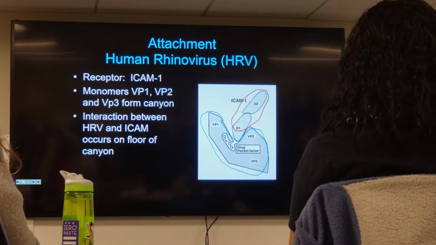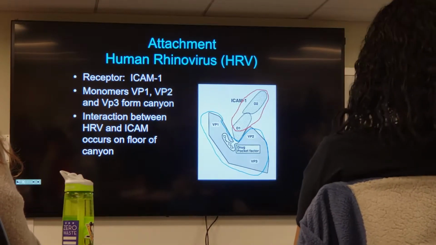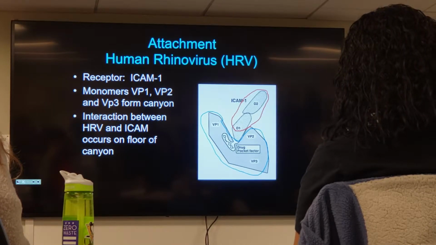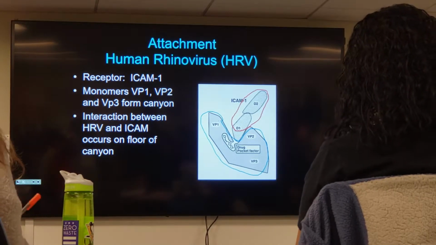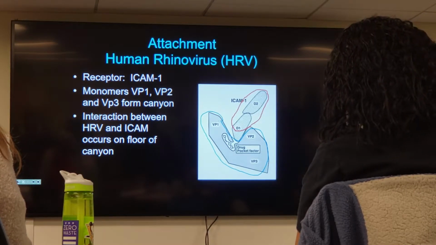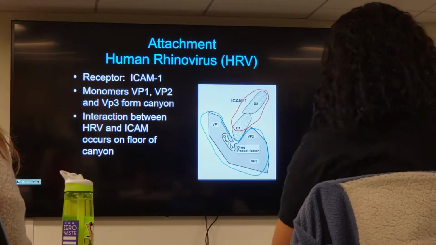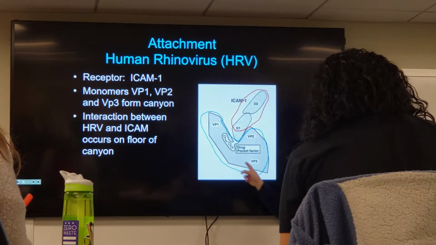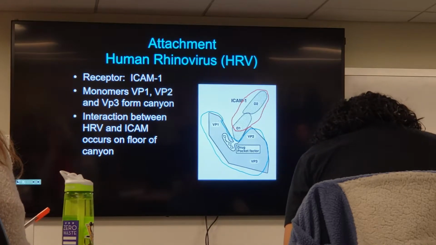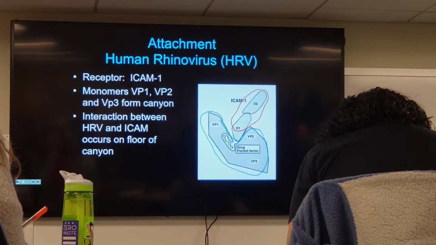Most of the time, remember, we draw them with that Y shape, because we've got the heavy chain, the light chains, the IgGs. Antibodies are relatively big proteins. So why do you think this conformation for rhinovirus is going to be advantageous for it?